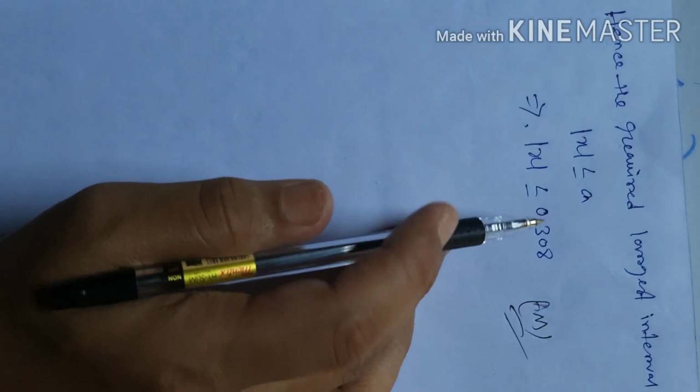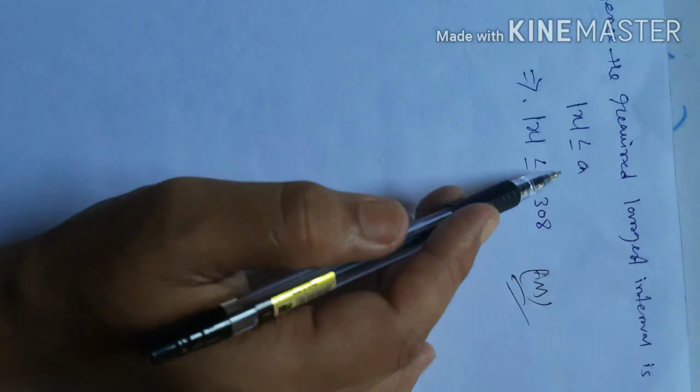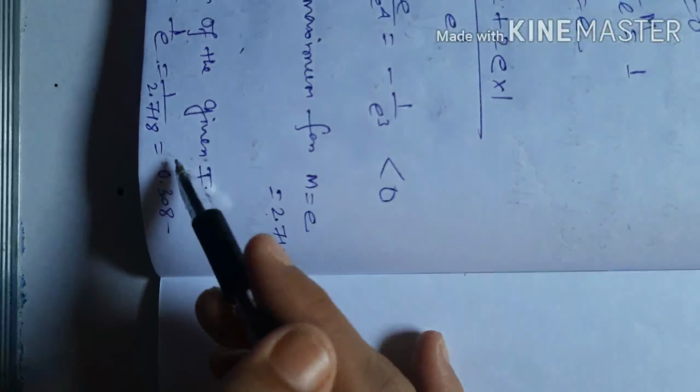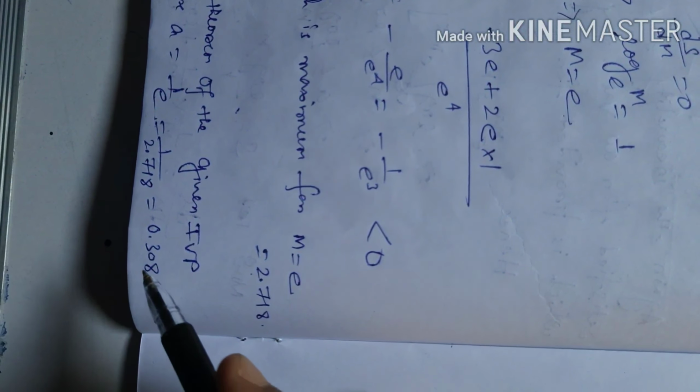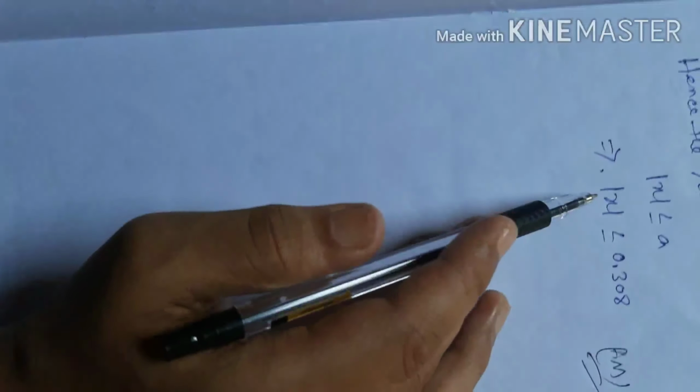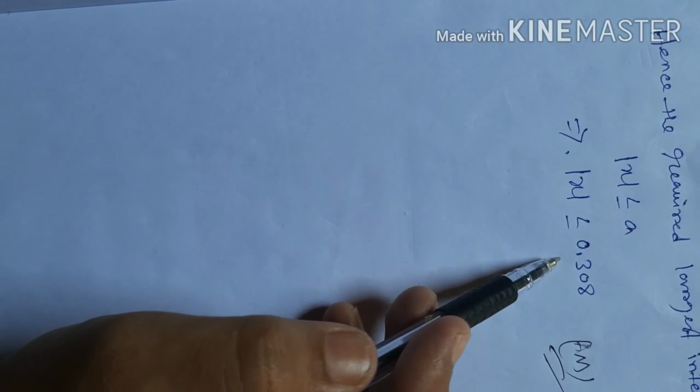Hence the required largest interval is |x| ≤ a, and here the value of a is 0.368, okay, and here |x| ≤ 0.368.